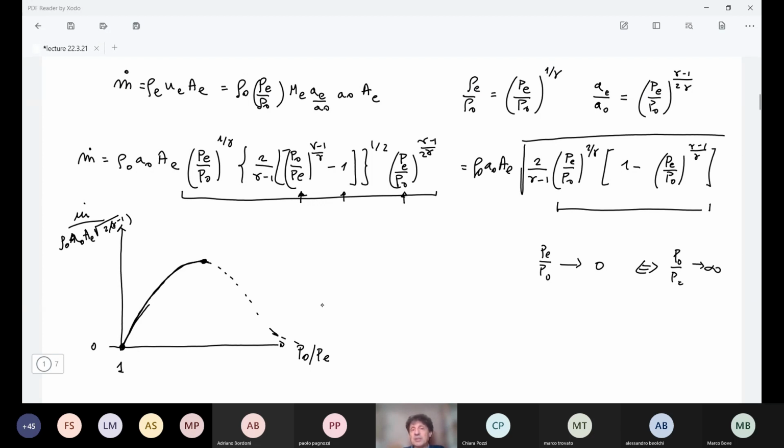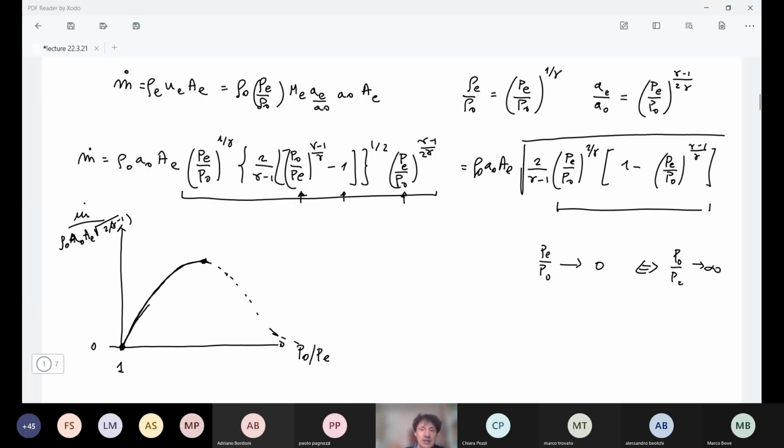But this doesn't mean that we move on this other branch of the line. We have reached the maximum, and if we further decrease ambient pressure, we are not going to reduce mass flow rate. Actually, what is happening is that we have reached the choking condition.